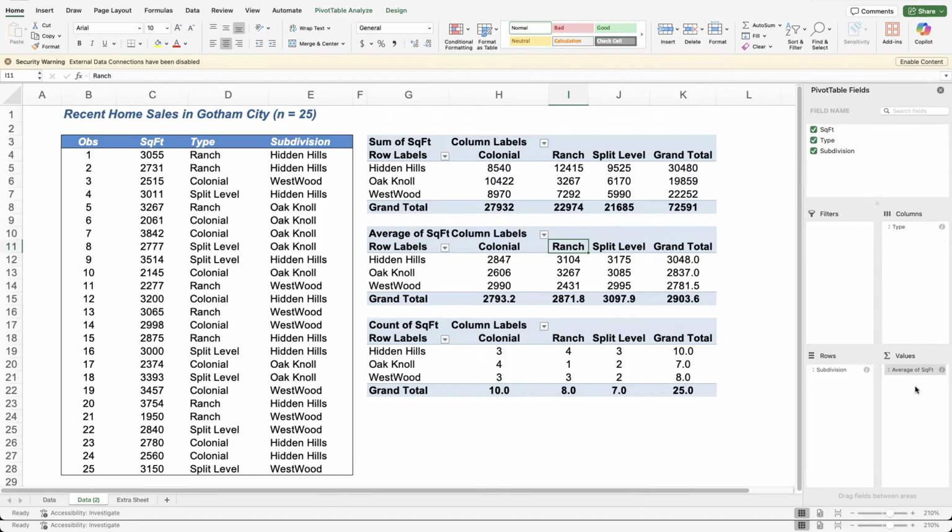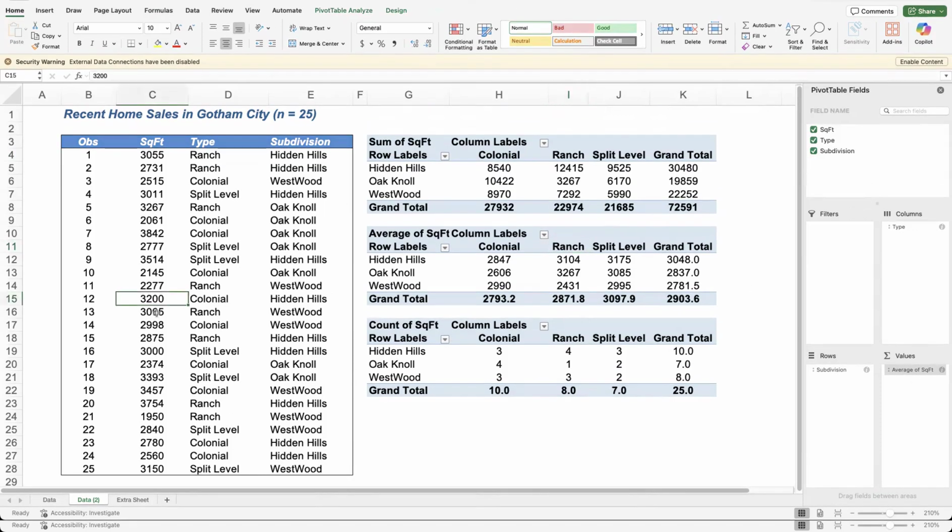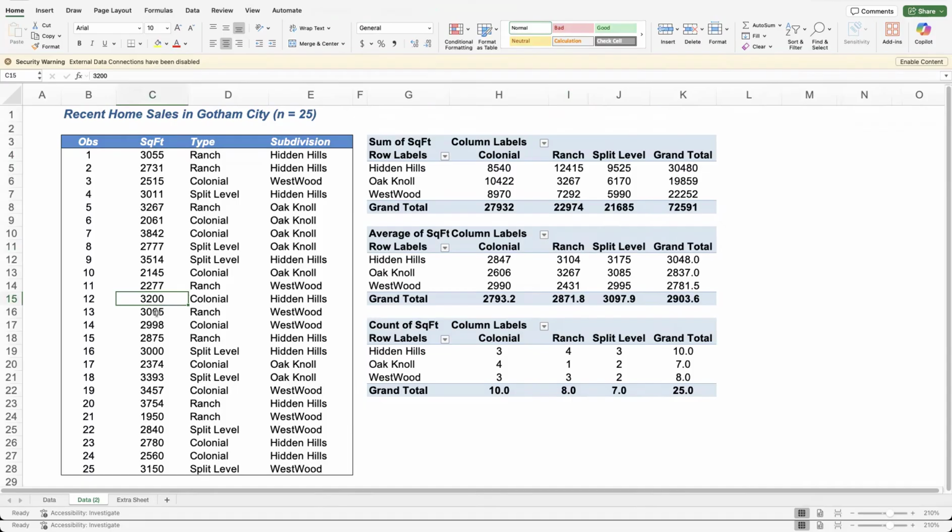Pivot tables are live. If this house number 12 was not 3,200 feet, but was actually 3,400 feet, I can change that right here. And when I hit enter, tables automatically adjust too.